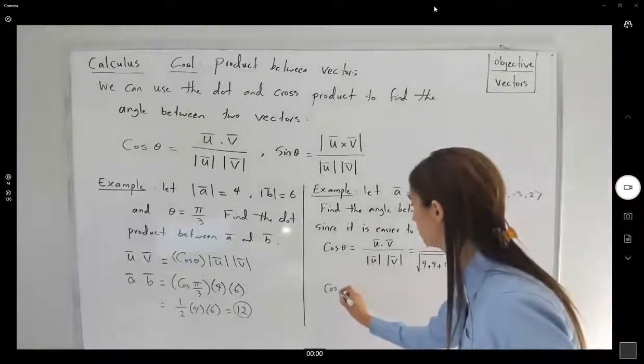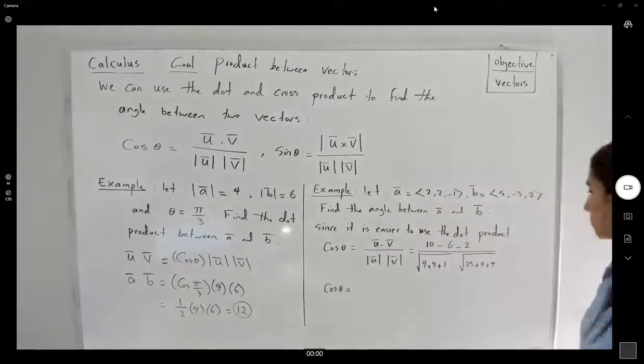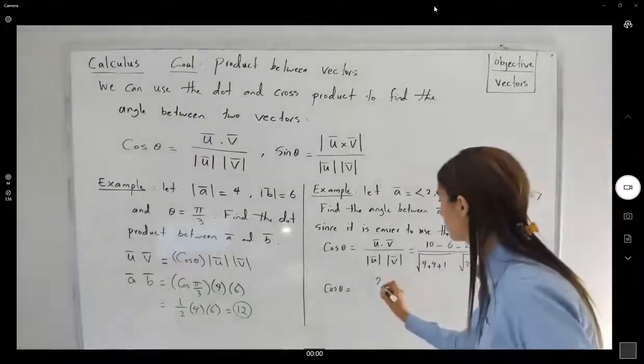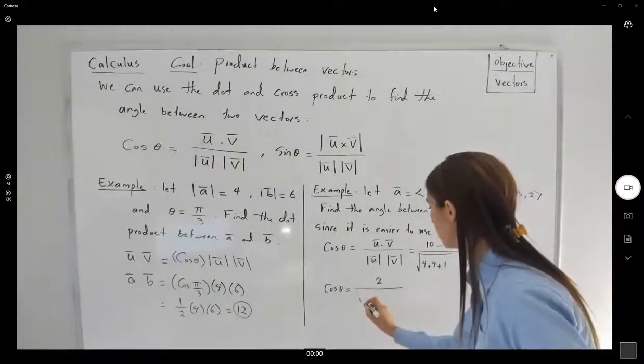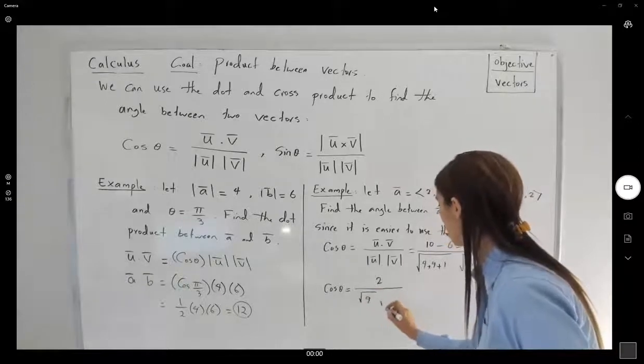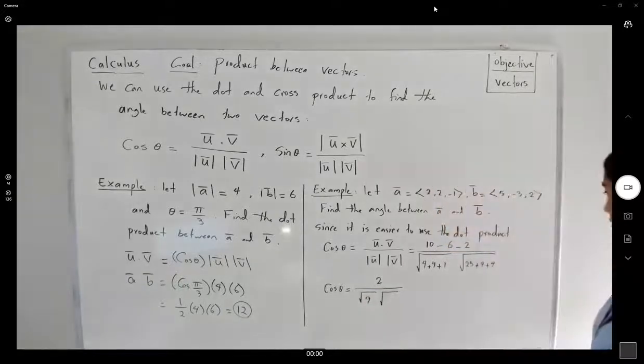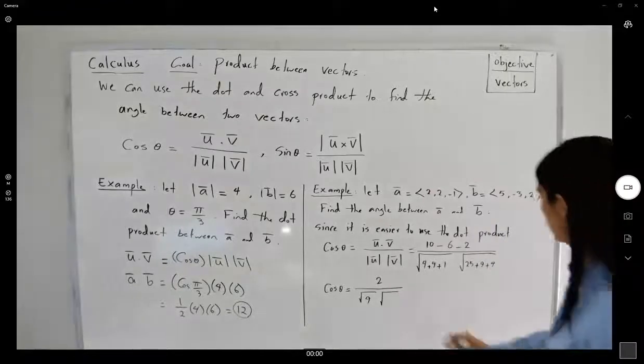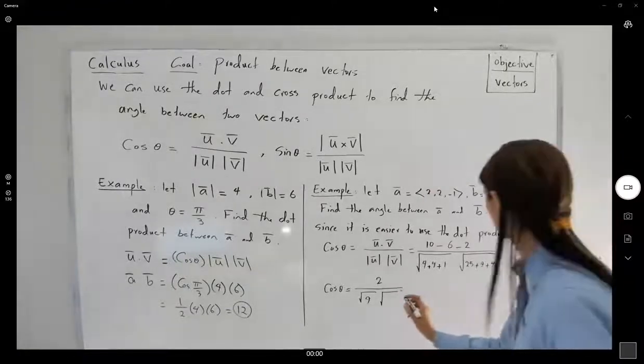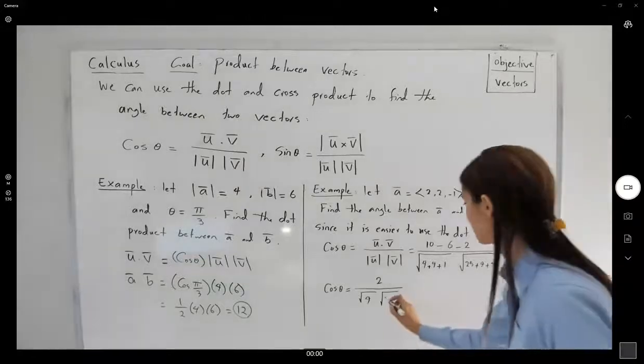So cosine theta is equal to 2 on the numerator divided by square root of 9 times square root of, here we have 38.